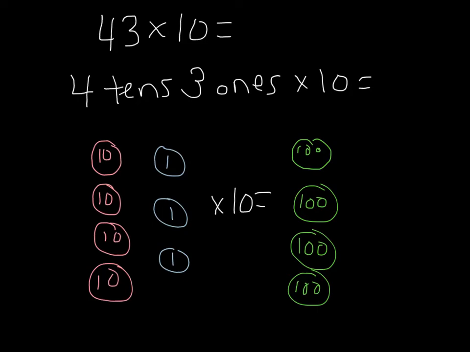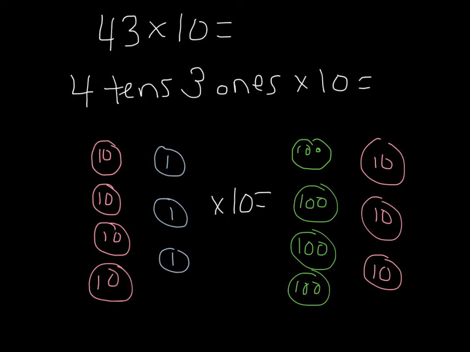Now let's multiply the ones times 10. And of course 1 times 10 is 10. And so let me replace my 3 ones with 3 tens, because 3 times 10 is 30. And so what I'm left with is 4 hundreds and 3 tens.